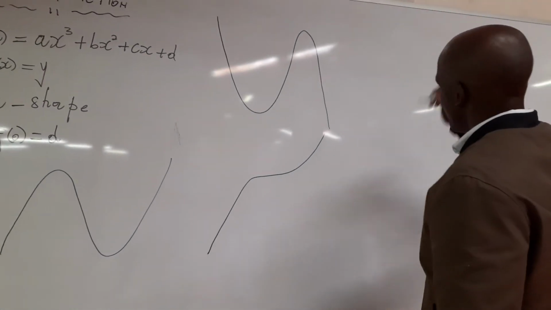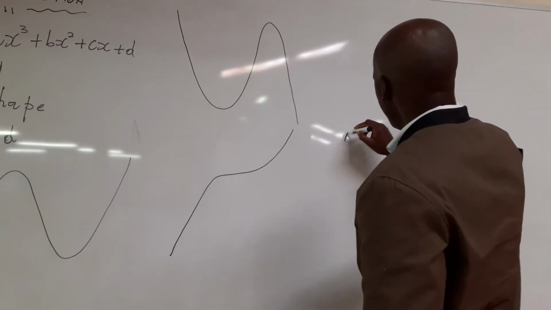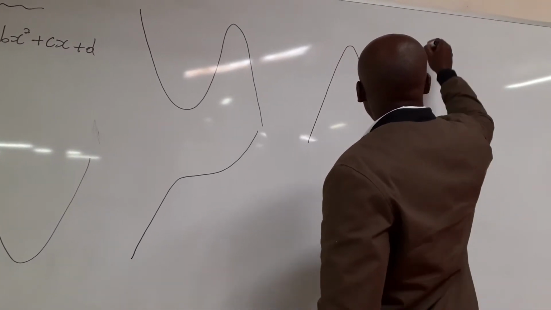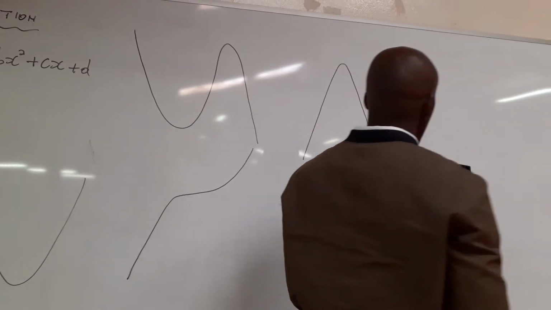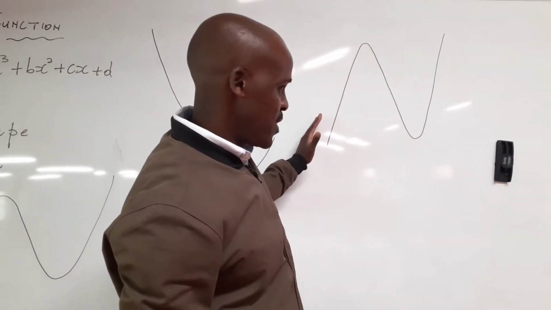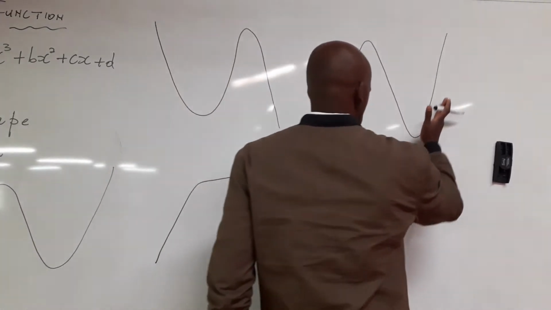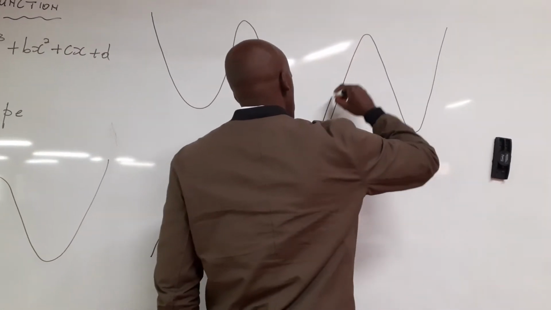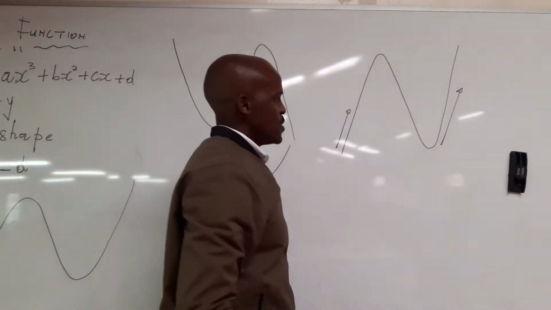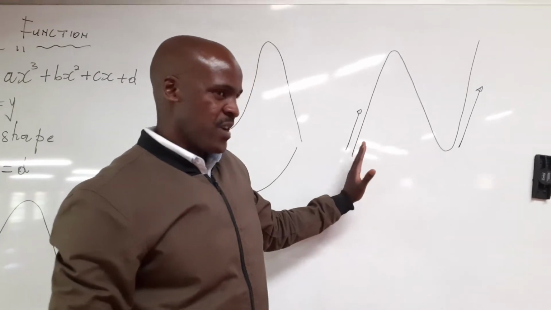Right, let's look at the shapes as they are. We've got this part here. When you look at it, the graph is going up here. And again, the graph is going up there. So we've got 2 parts where the graph is going up.